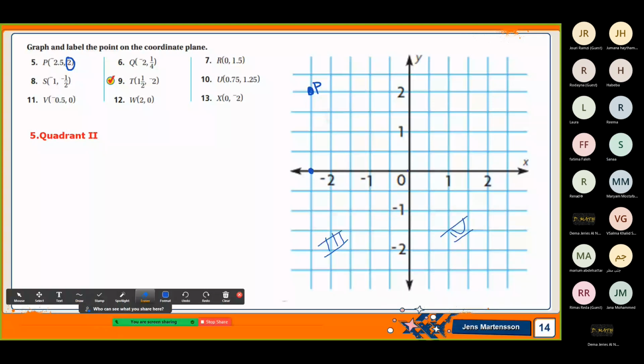Now, number 6 with Rudaina. Yes, teacher. Number 6. Negative 2 and 1 over 4. Where is negative 2?